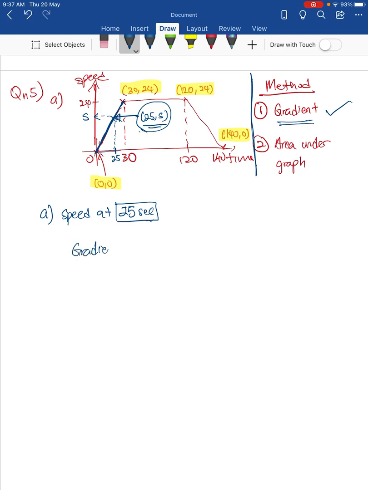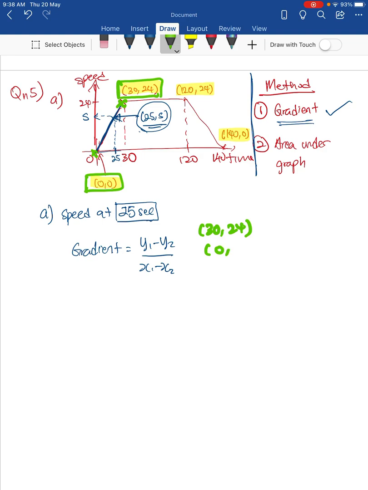So how are we going to use the gradient? The gradient of the line equals y1 minus y2 over x1 minus x2. Based on the information that we have, we have this coordinate and this coordinate on this line, the start and the end of this line. So I'm going to use these two: 30, 24 and 0, 0.